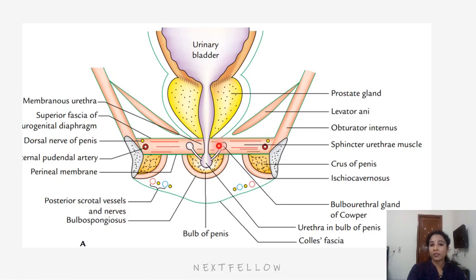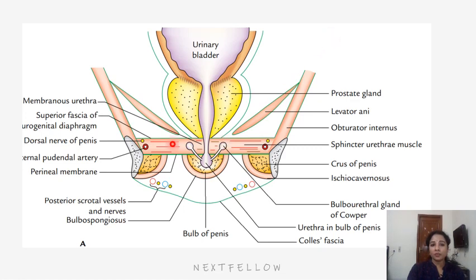Bulbourethral glands are otherwise called glands of Cowper, and we can see the ducts pierce the perineal membrane to open into the bulbous part of urethra, that is in the superficial perineal pouch. So the opening is located in the superficial perineal pouch. The glands are located in the deep perineal pouch.